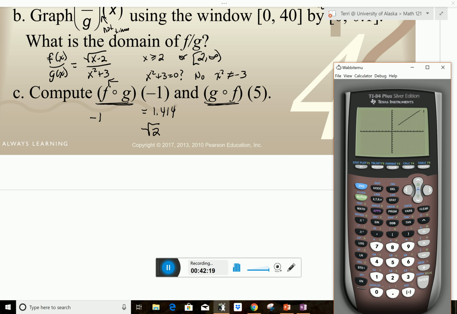So look at that. That is way different than the other one. And what we could do is actually find what that is at 5. So again, calc value 5, and this is 6.